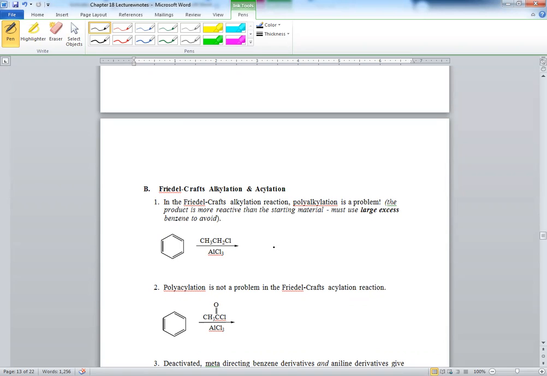So if you have a Friedel-Crafts alkylation with benzene, you will get a polyalkylation, meaning you will have enough of this alkyl group, alkyl chloride, in this case ethyl chloride, to actually form this.